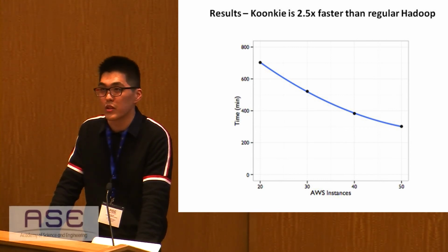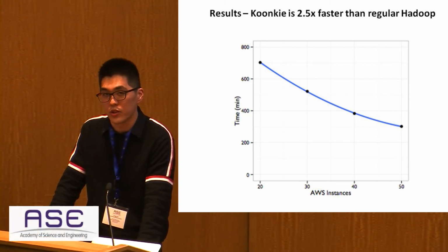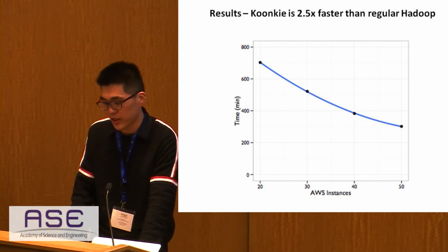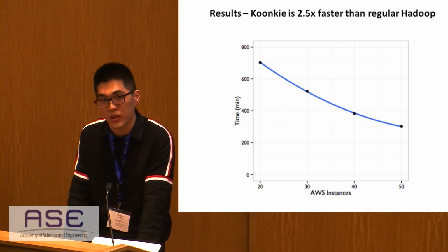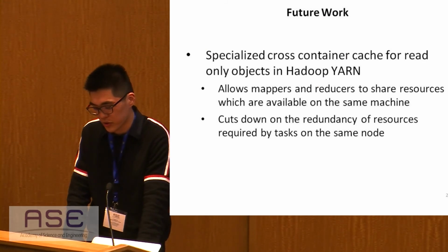So it was roughly a 2.5 times improvement. We believe this is because each node didn't have to wait to bring down all of its side data from the HDFS.